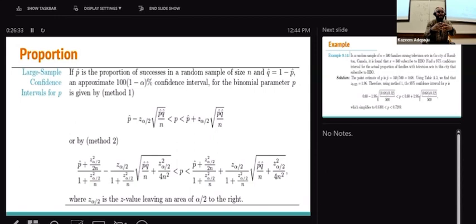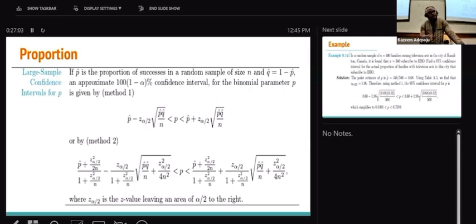If I'm not interested in just a point estimate, but I want the result to be reasonable, I want it in an interval so that I can boastfully say, okay, the proportion of senators who support Biden's agenda on student loan forgiveness probably lies between this and that. It makes more sense when you present your results in an interval.